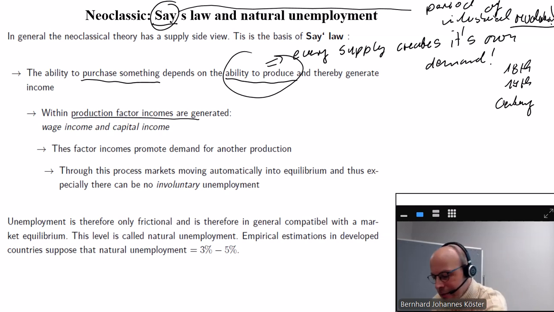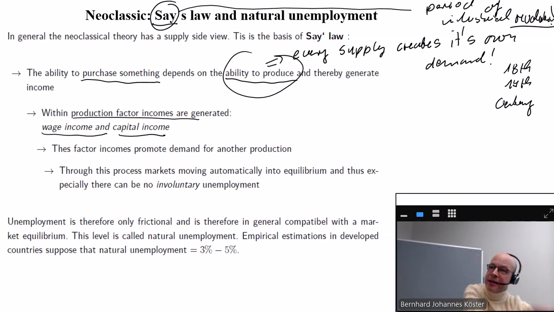Think of GDP, the distribution side. One part of the income is the labor income, the other part is the capital income. And with this income, I can start to buy something, so I can demand something. And so in this argumentation starts the circle of our economy.